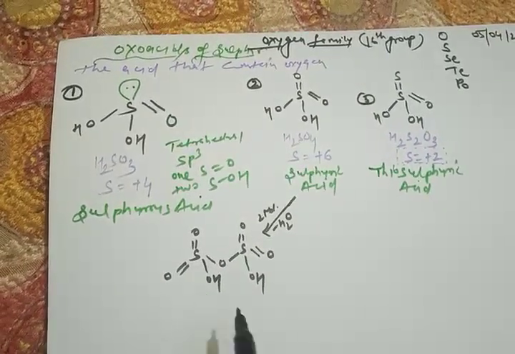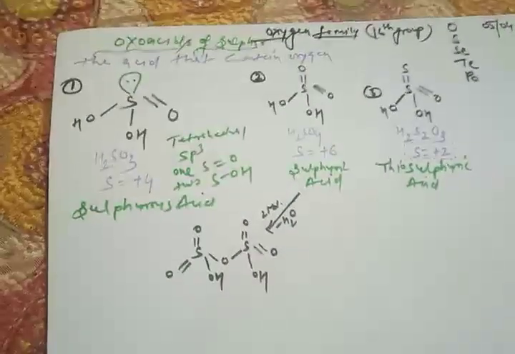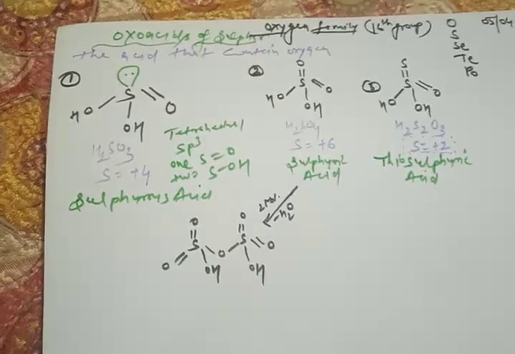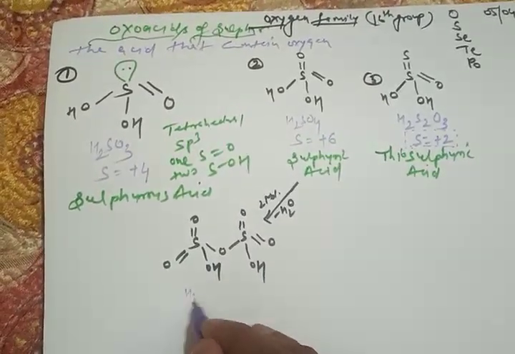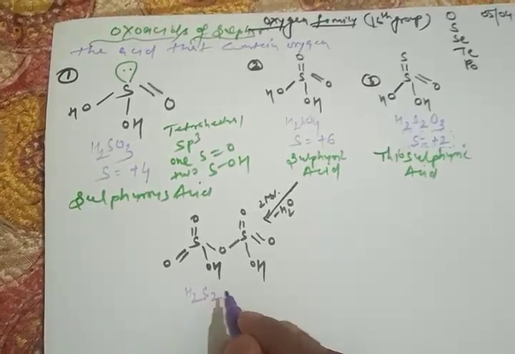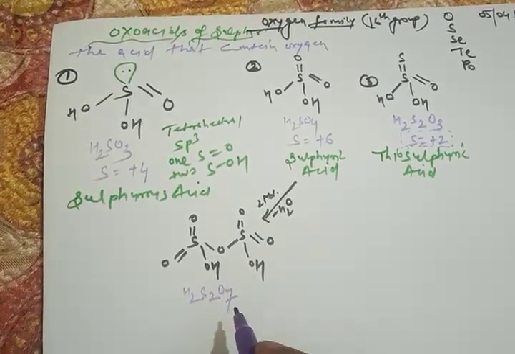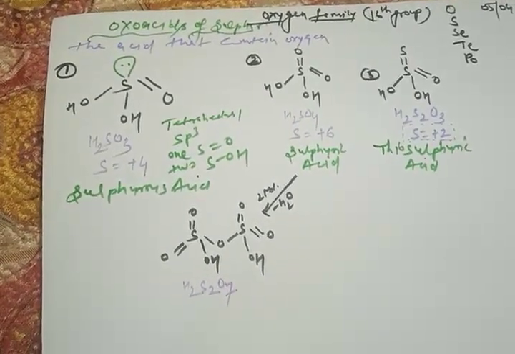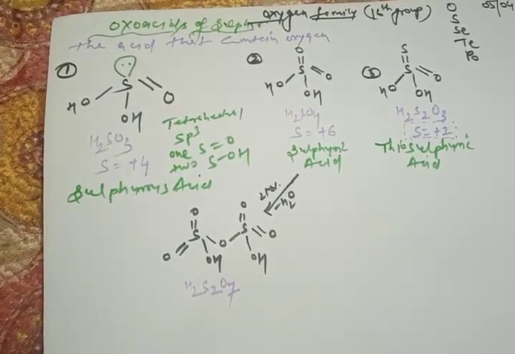So this is the di form of sulfuric acid. The formula will be H2S2O7.